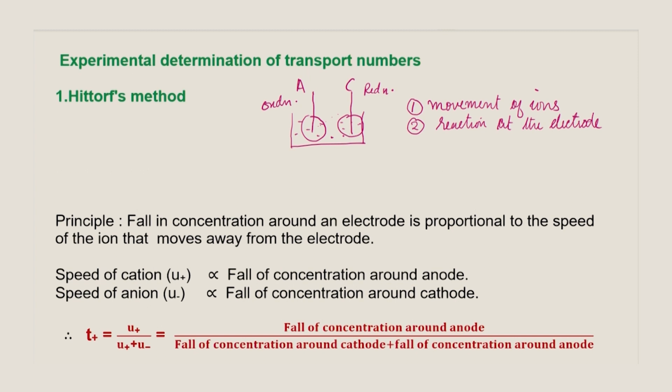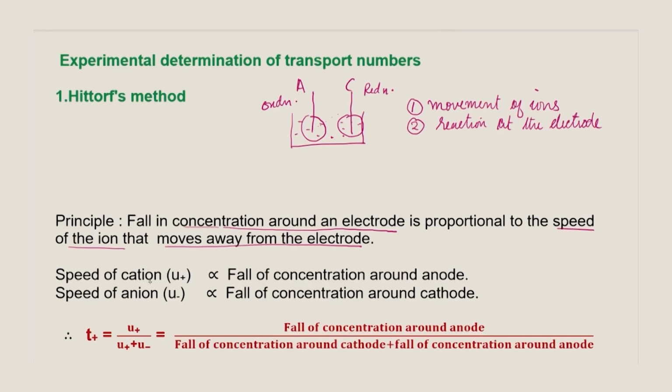So, the principle behind Hittorf's method is that the fall in concentration around an electrode is proportional to the speed of the ion that moves away from that electrode. So, at any electrode, the concentration decrease will be proportional to the speed with which the ion moves away from that electrode, going to the opposite electrode.